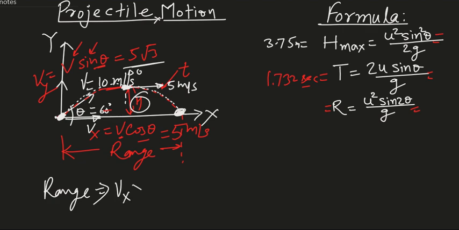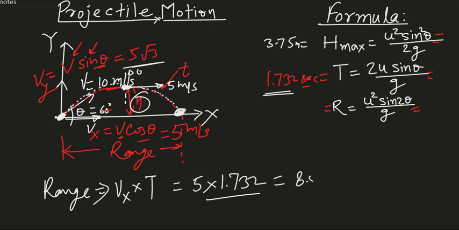Vx and time, total time, will be equal to range. What is Vx? Vx is equal to 5, total time is this 1.732. So this will be approximately 8.5 meters. 1.7 into 5 equal to 8.5 meters.